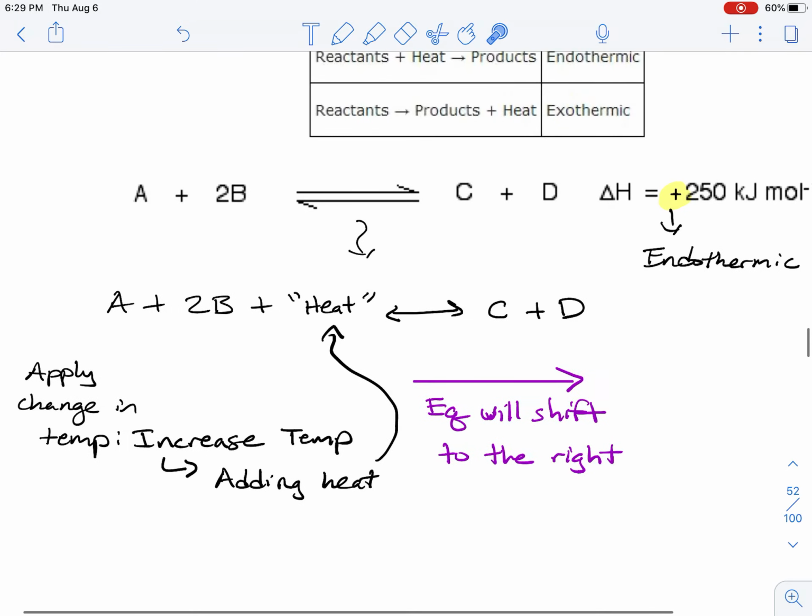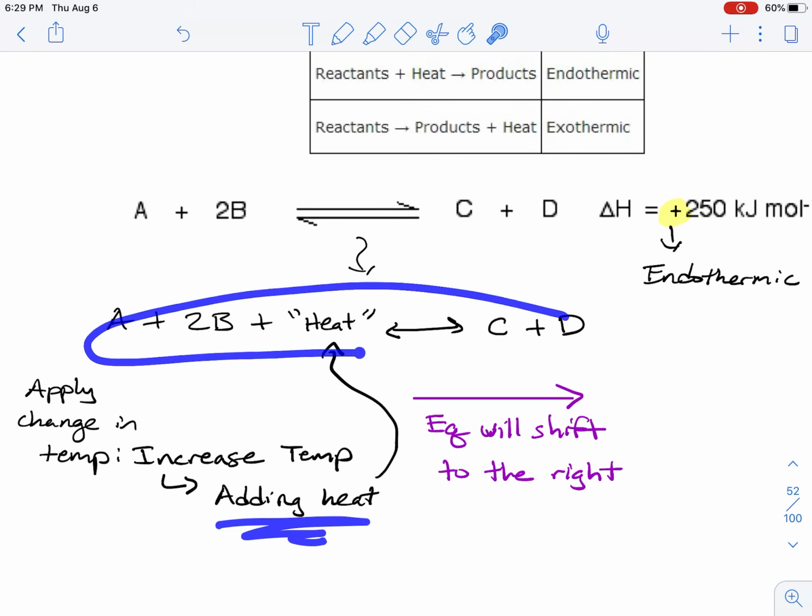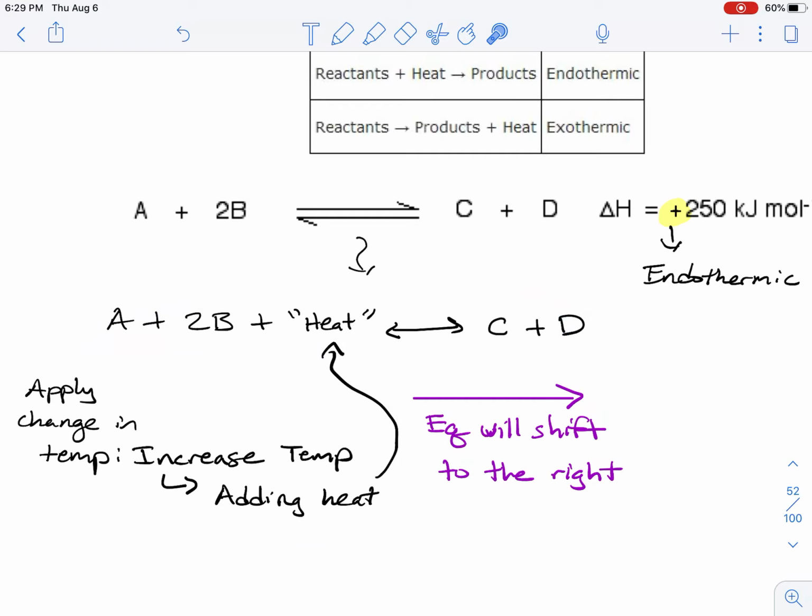Overall, this tells us that with an excess of heat in an endothermic reaction, the reactants will be converted to product to consume the excess heat added to the system, and therefore the equilibrium will shift to the right.